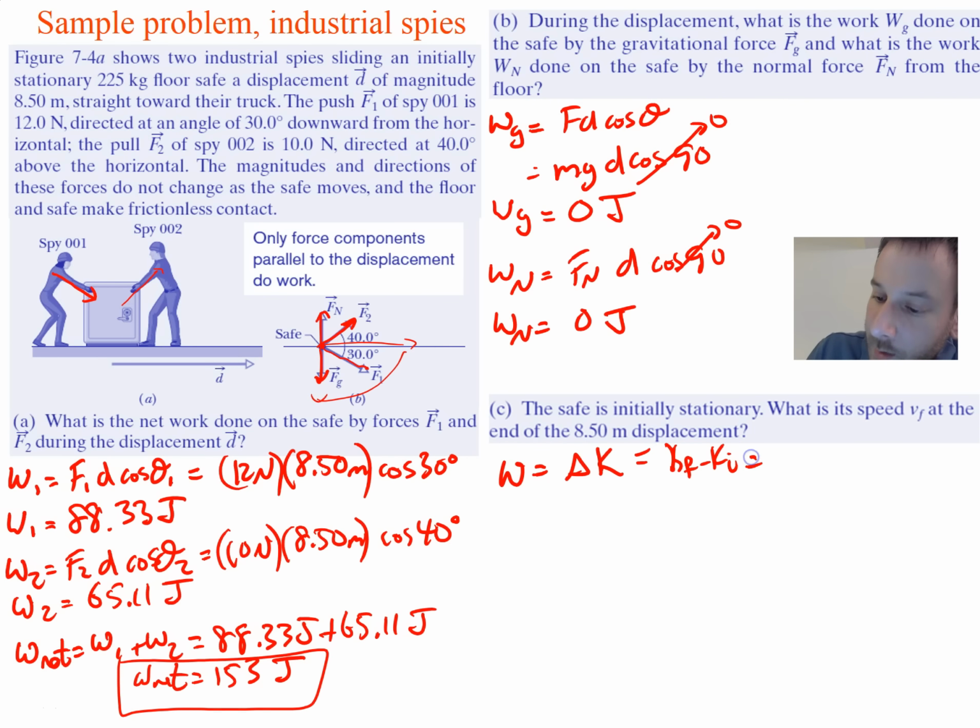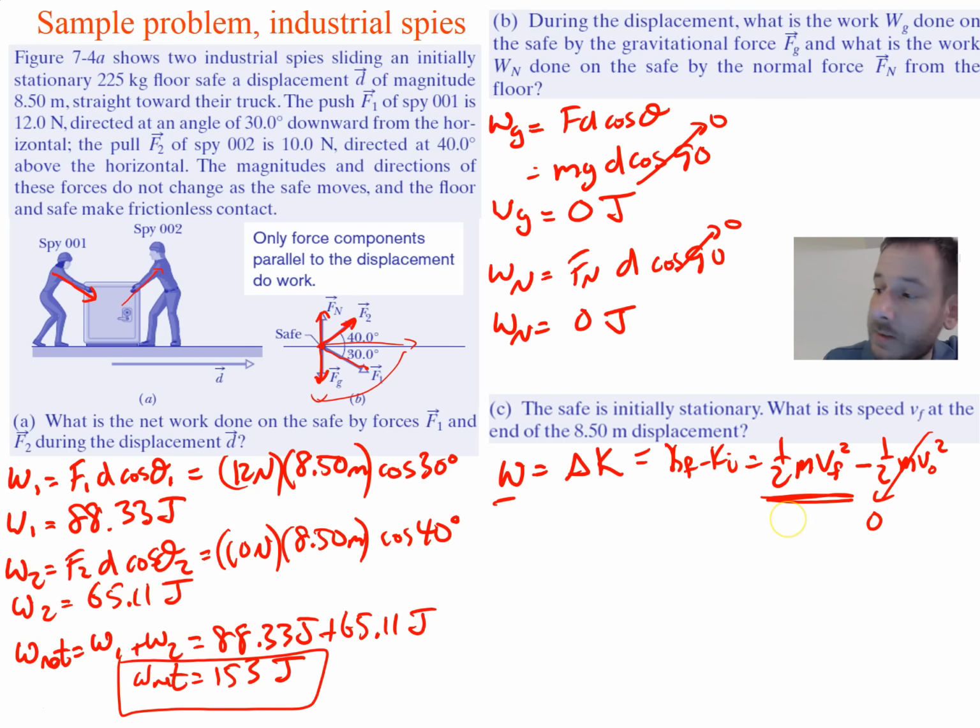So writing that out, we have 1/2 m vf squared, minus 1/2 m v naught squared for our initial velocity. Now we know that the initial velocity is 0 because it's starting at rest. So this whole term goes to 0, and all we're really left with is work is equal to 1/2 m vf squared.